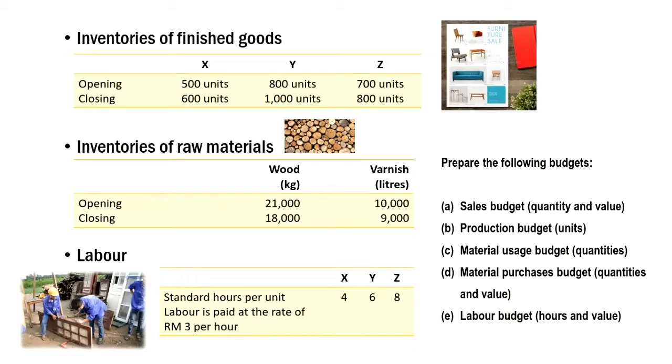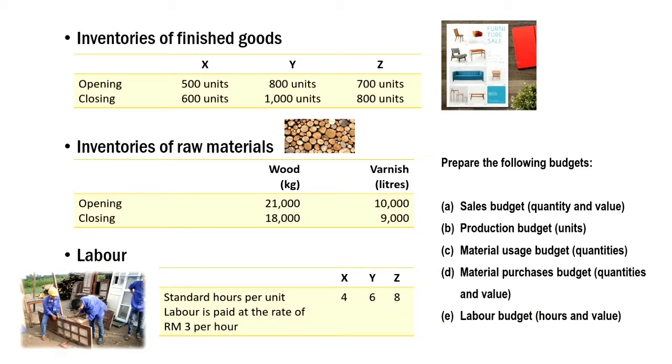Okay, so another piece of information is closing inventories. Let's say we start on 1st January, we close on 31st December 2020. So when we close our account on 31st December 2020, we have to calculate how many finished goods are left in our warehouse. So product X has 600 units, Y 1,000 units, and Z 800 units.